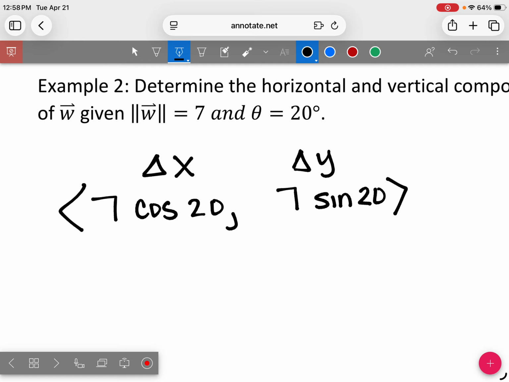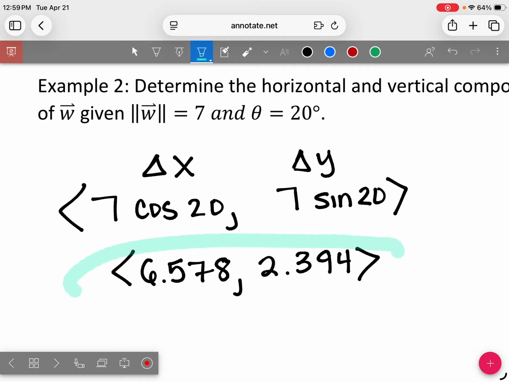So we have 7 cosine 20, 7 sine 20. This is what I got. Is that what you got?